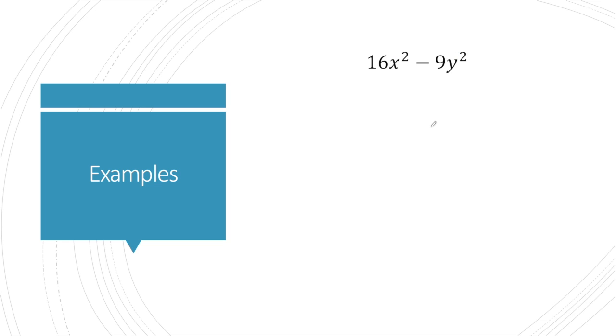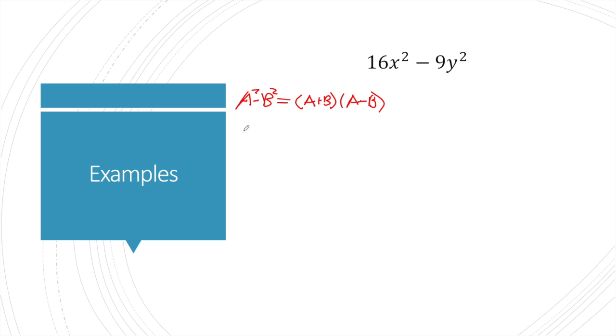I have 16x squared minus 9y squared. Okay, this is a difference of two squares. So I know if I have a squared minus b squared, that's going to equal a plus b times a minus b.